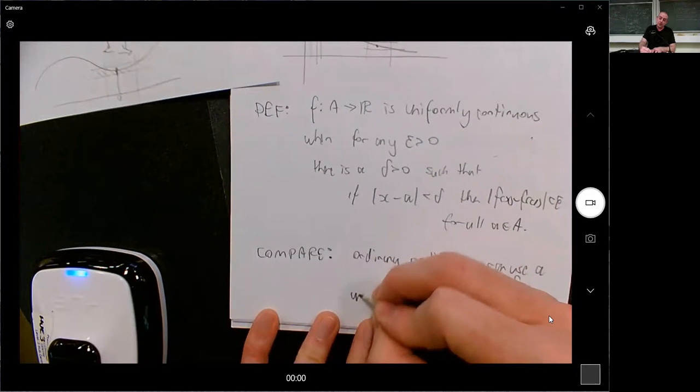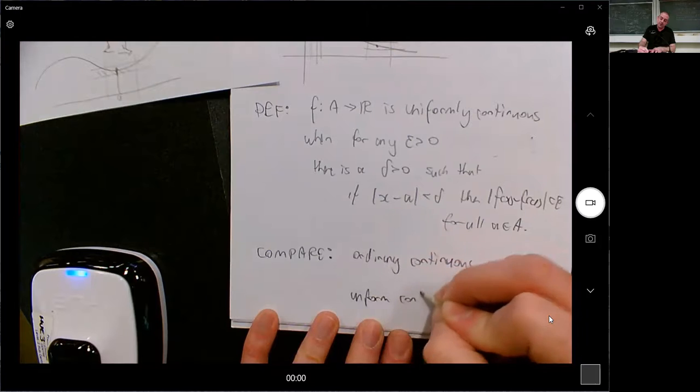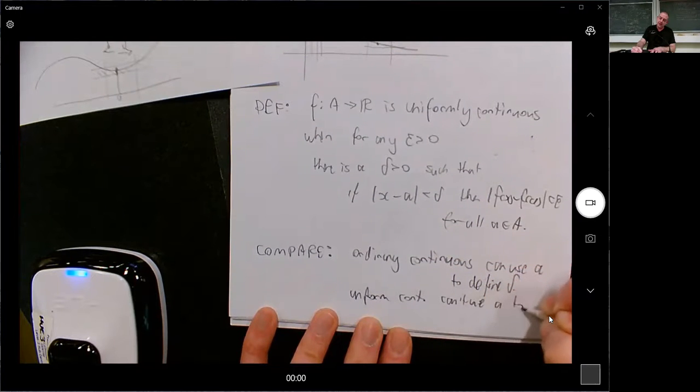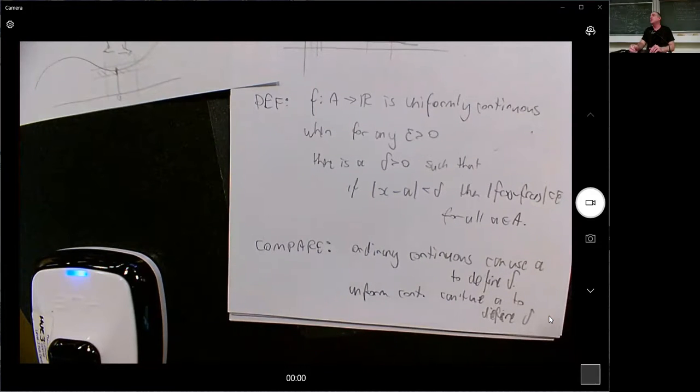But for uniform continuous, you can't use a to define delta, because it has to work for all the a's, so you can't have a different delta for different a's. That's one of the main differences between the proofs.